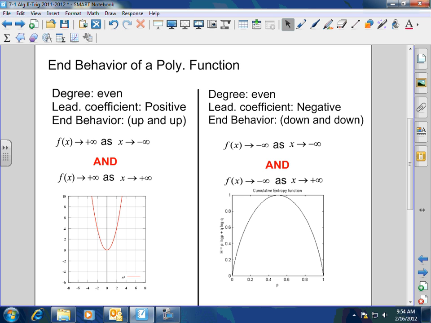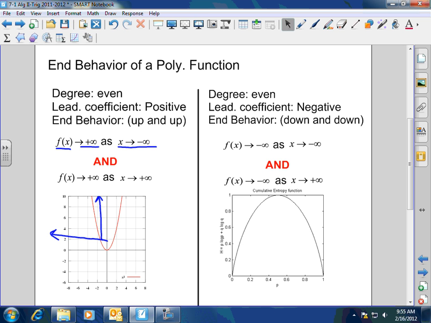Now, mathematically, what does that mean? As x is going further and further to negative infinity, what's happening to the y values? They're slowly going up, increasing. So f of x increases to positive infinity as x goes to negative infinity.